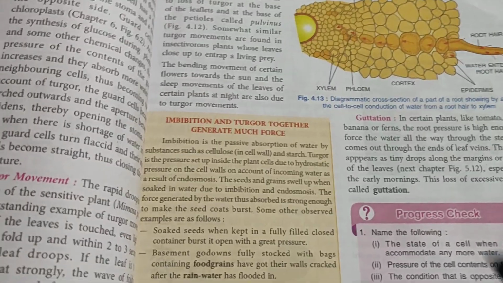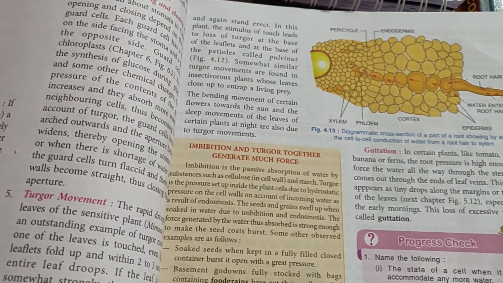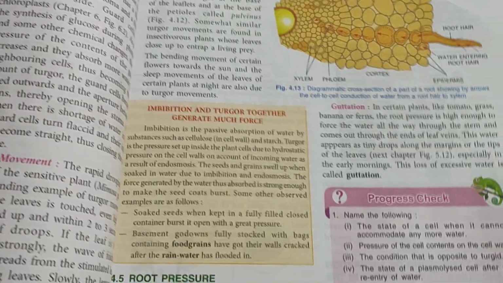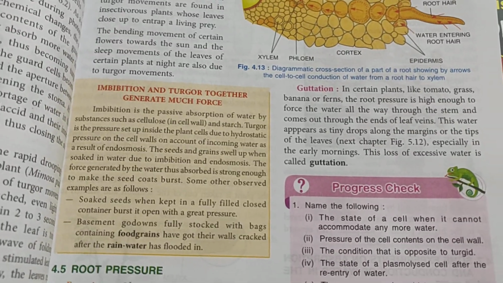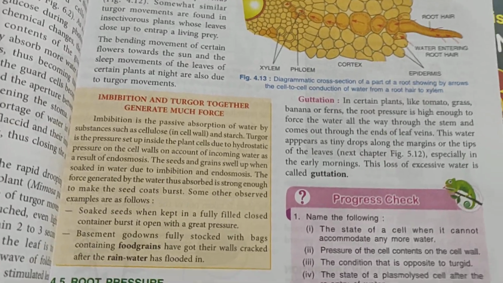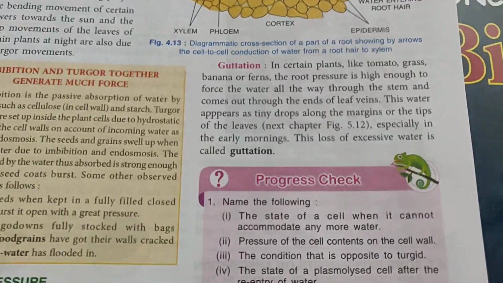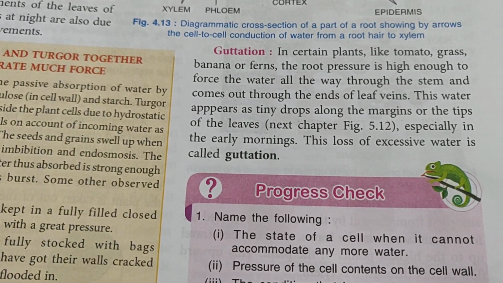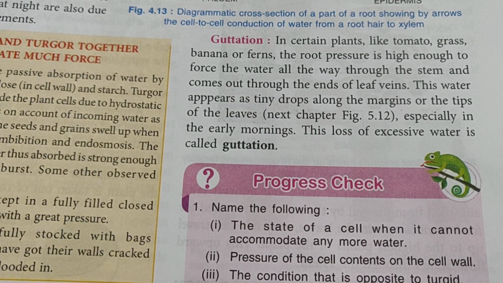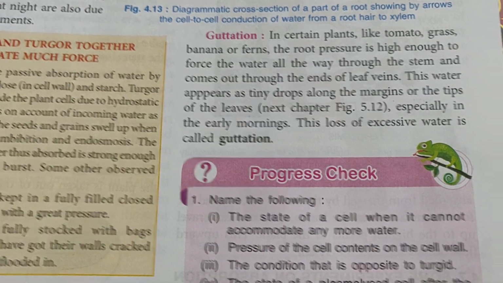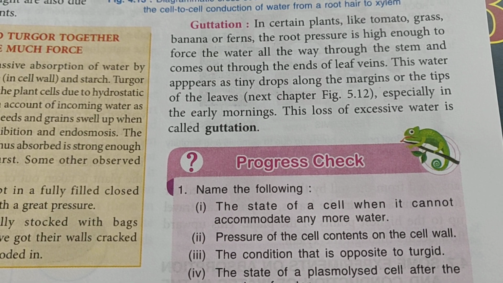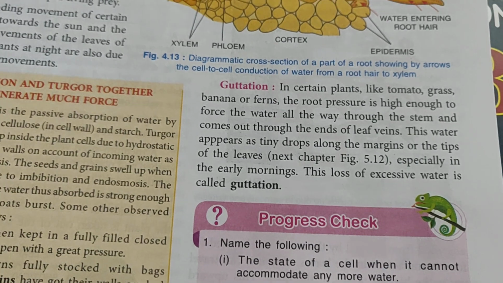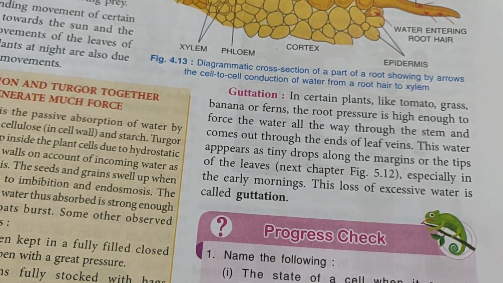There is a process that you need to know about known as guttation. It is a phenomenon that we observe as a result of root pressure. In plants which have a short height, like the common garden plant, the grass, small ferns, tomatoes, the root pressure is so high that it can force the water all the way through the stem, and it comes out through the leaf veins.